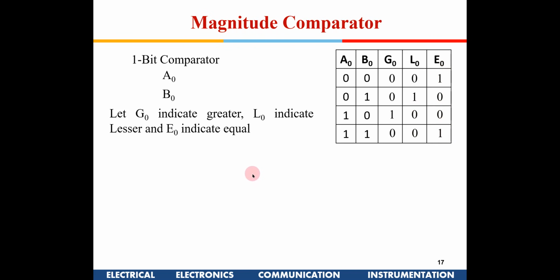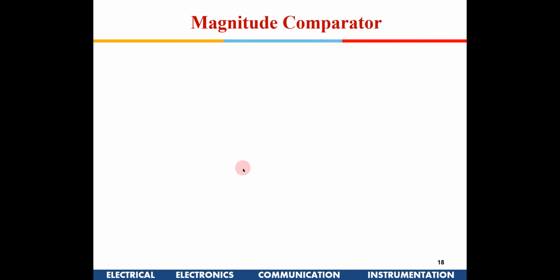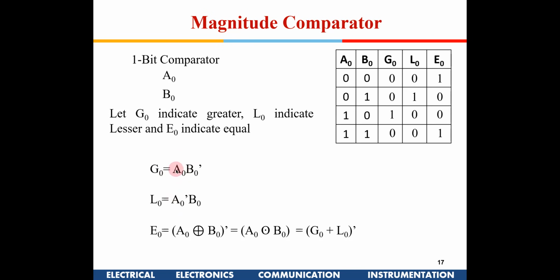So how to implement this: greater than is A0 B0 bar, and less than is A0 bar and B0. So you can have this.